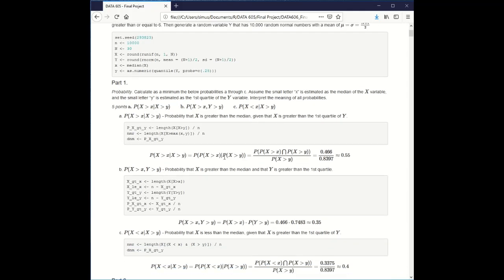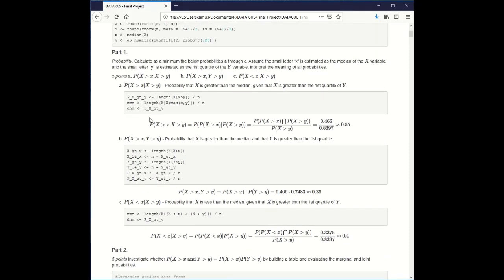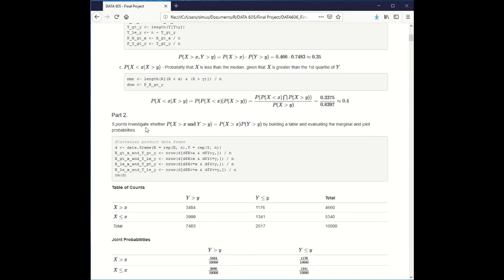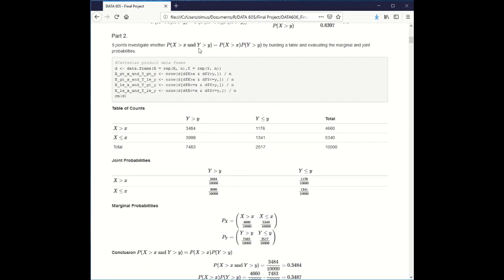That's part 1. In part 2, we are asked essentially whether the probability of x greater than little x and y greater than little y is the same thing as the product of those two probabilities, which is essentially asking us, can we treat x and y as independent?